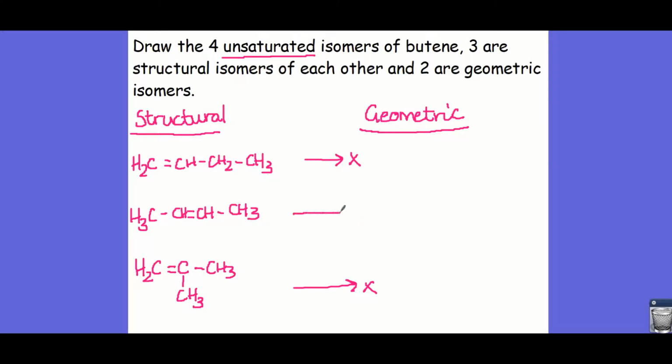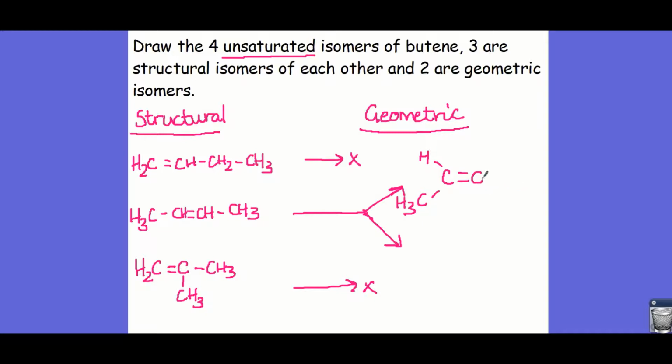So let's have a think. The best way to identify types of geometric isomer is to centre the whole drawing around the double bond. So let's draw our double bond first. Here we have carbon to carbon double bond. This carbon has a hydrogen attached to it, and the other bond is going to a methyl group.